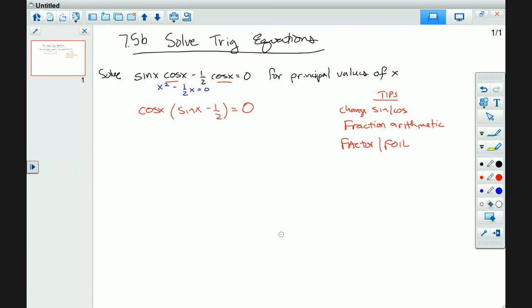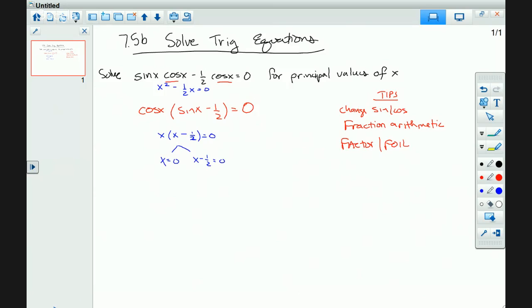So do you remember algebraically what you do if you have something like this? Does this ring a bell? Yeah.